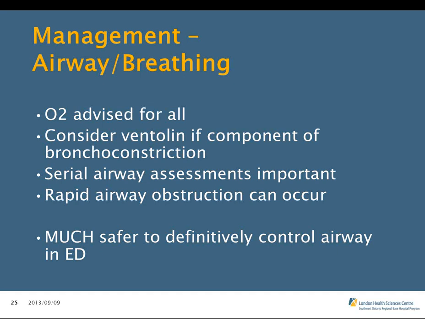We prefer to do these in hospital with anesthesia backup and lots of adjuncts to our primary laryngoscopy, so that if we run into any trouble, which we always expect in these types of patients, we have lots of backup and options. Essentially, bag valve mask ventilation and oxygen may be needed for these patients. Consider Ventolin if there's a component of bronchoconstriction.